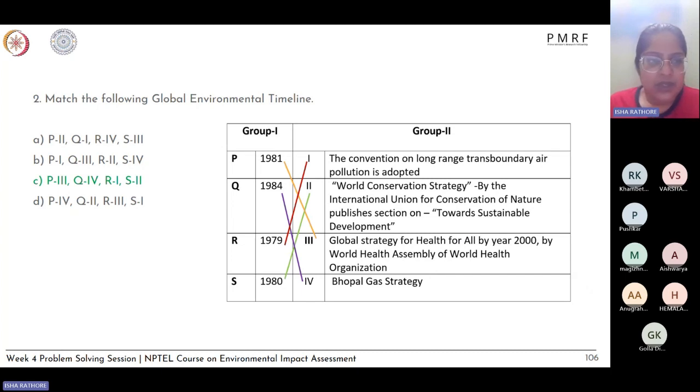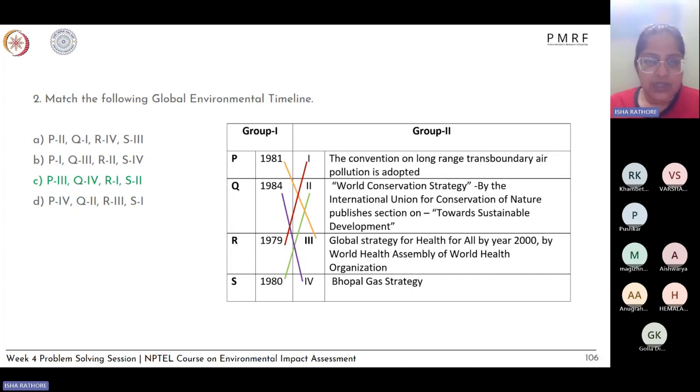In 1981, we had the Global Strategy for Health for All by the year 2000 by the World Health Assembly of the World Health Organization. So P matches with 3. Then in 1984, we had the Bhopal gas tragedy in Bhopal, India. So Q matches with 4. 1979 was the year the Convention on Long Range Transboundary Air Pollution was adopted.